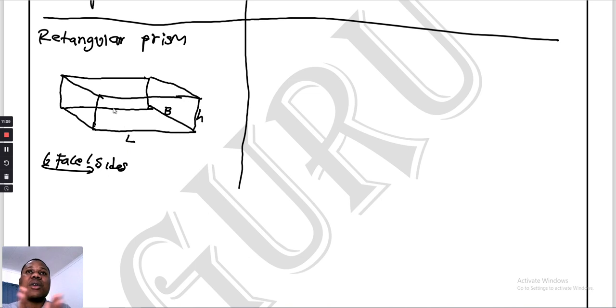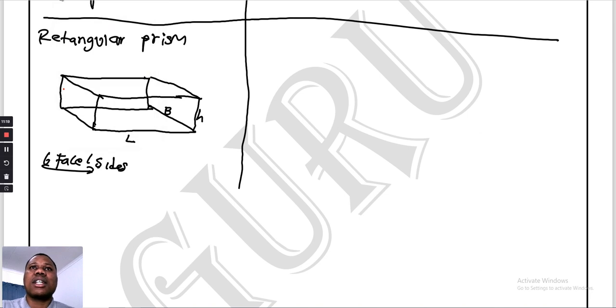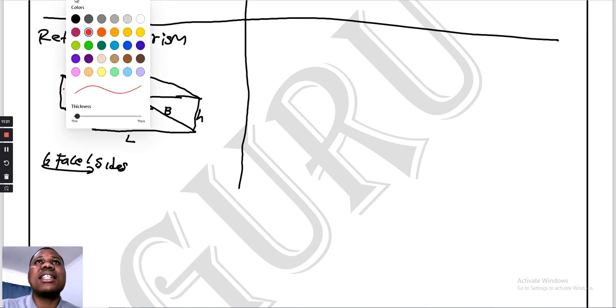Let me choose a different color so that I can paint something here, so that I can maybe try to be accurate. When you observe this, you can see that it has 6 sides.